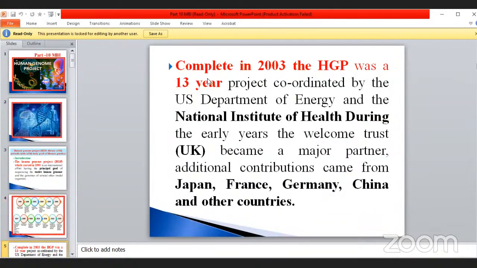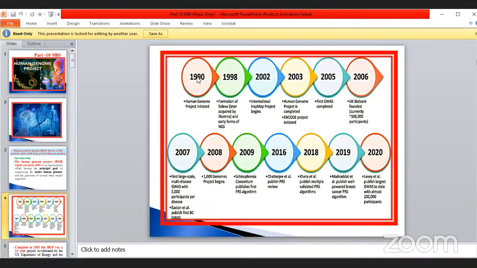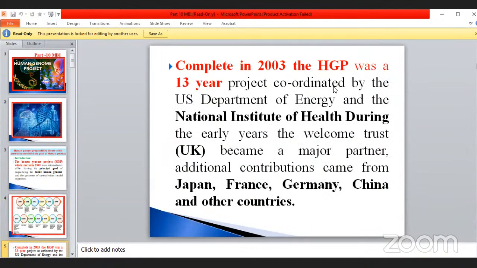See here, the Human Genome Project was a 13-year project. Started from where? 1990 started. When did they finish it? 2003, the Human Genome Project was completed. It was a project coordinated by the US Department of Energy and the National Institutes of Health, and during the earlier years the Wellcome Trust UK became a major partner.